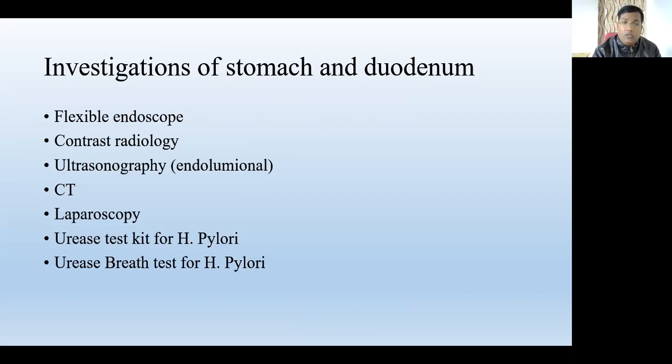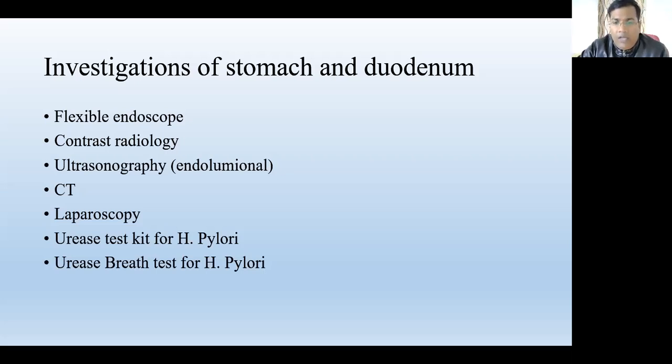The one most commonly used nowadays is the flexible endoscope. Endoscopy is the technique where we directly see the gastric mucosa and the duodenal mucosa through the endoscope. Then contrast radiography. Contrast radiography means we give the patient some radio-opaque material and then take the X-ray.